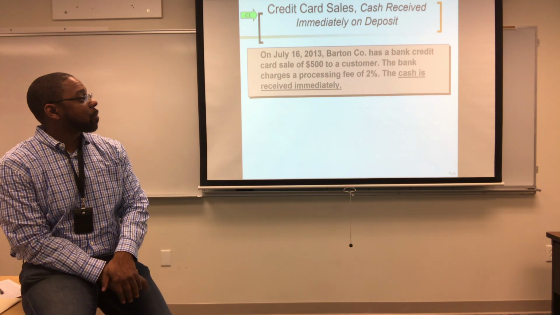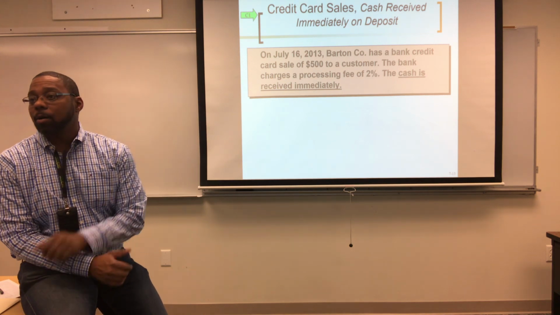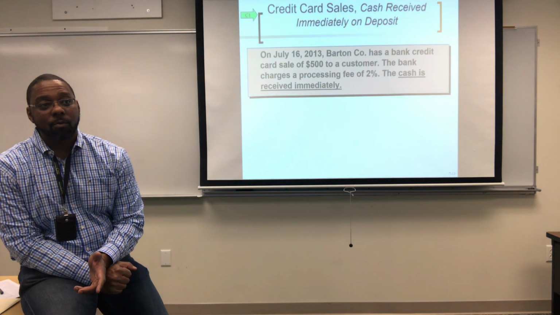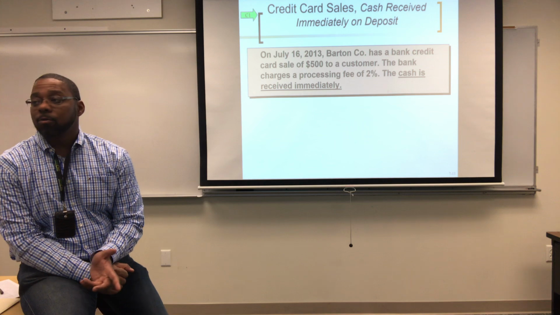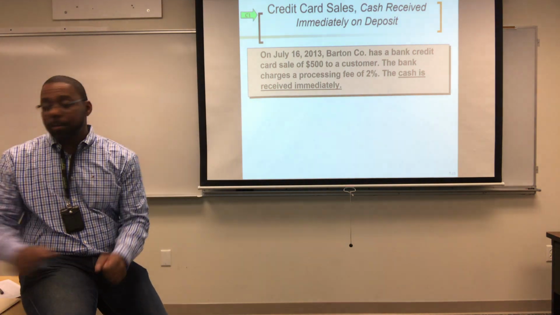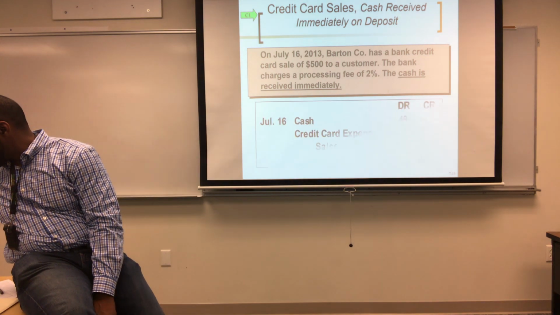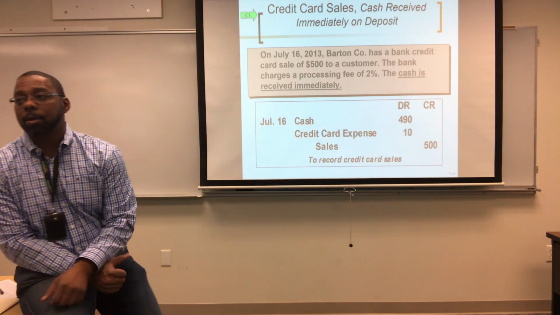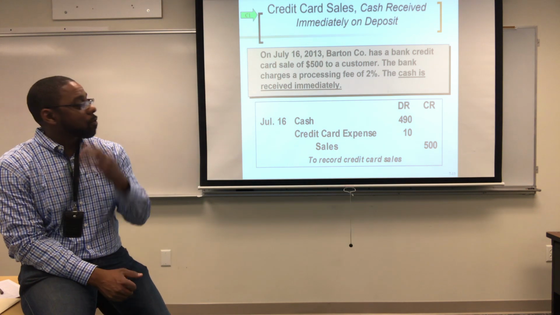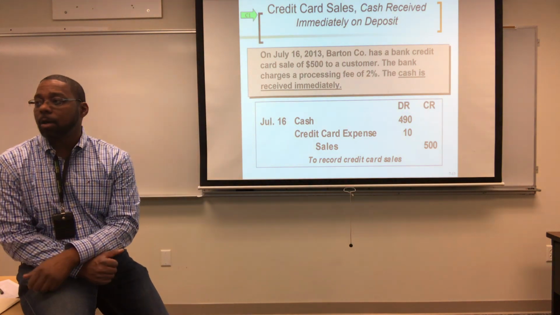The bank charges a processing fee of 2%. How that transaction works, 2% of $500 is $10. So you're going to debit your cash, $490. You're going to debit the credit card expense, $10, and you credit the sale for $500.